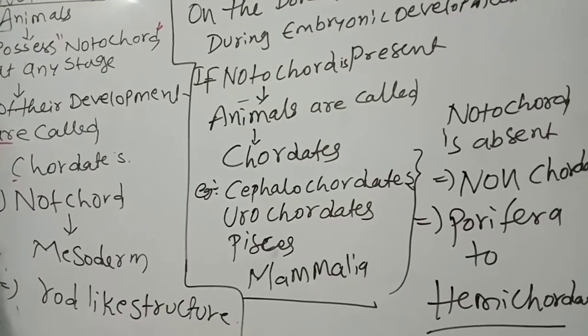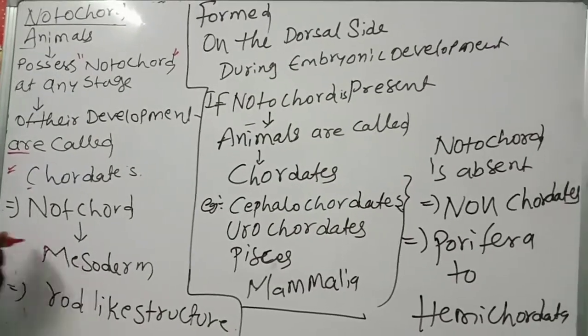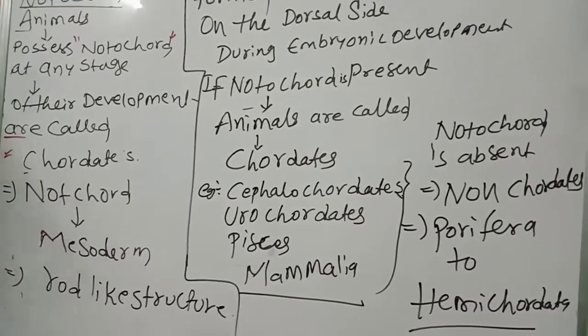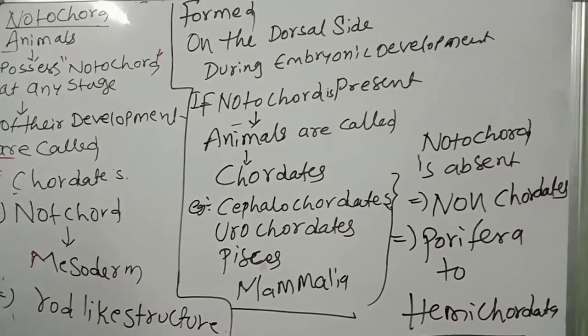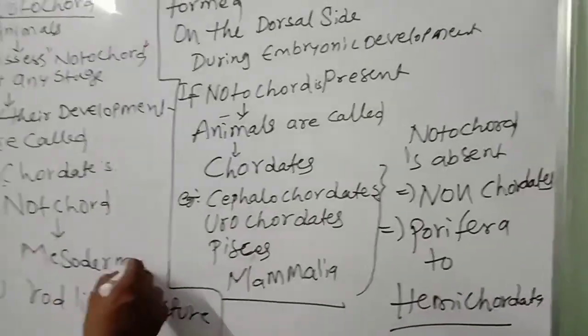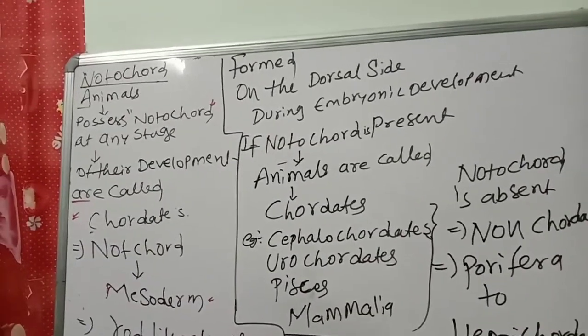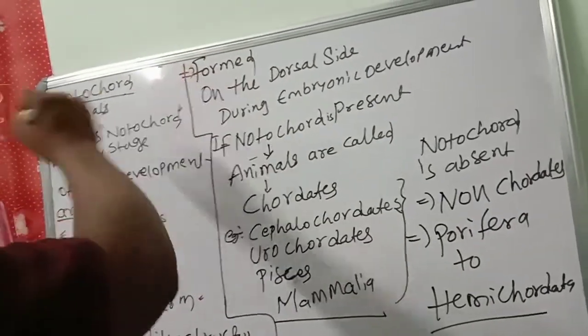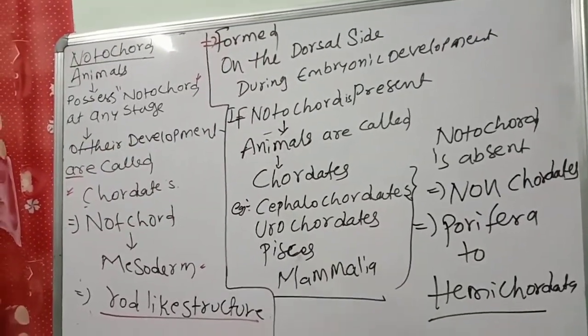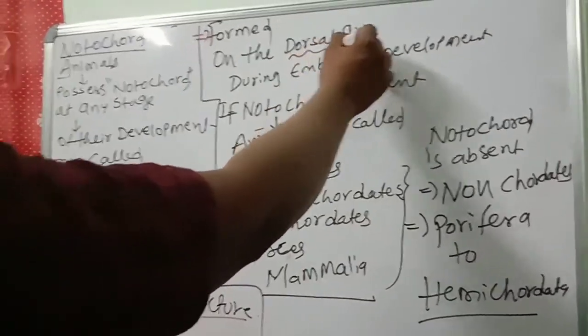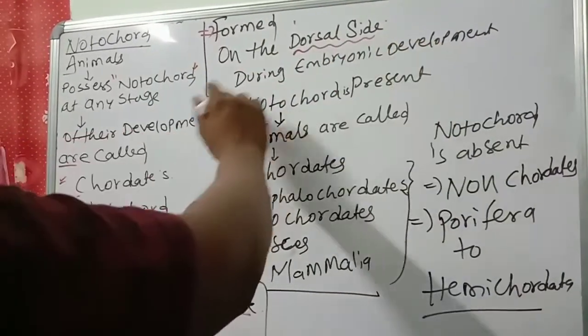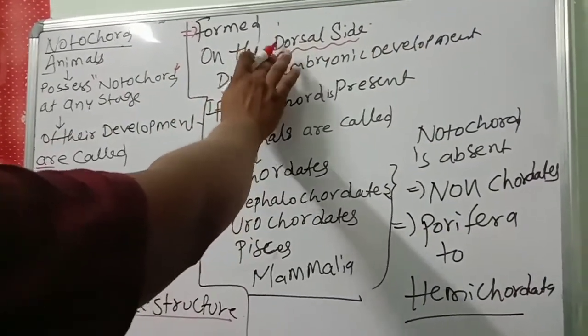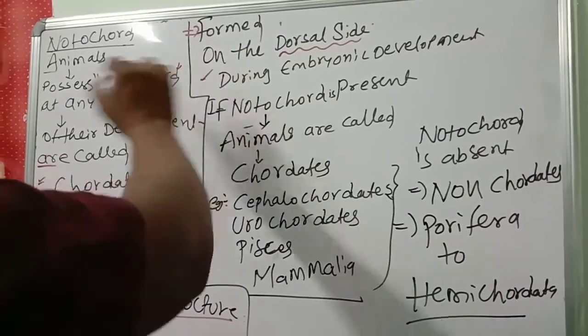Notochord originates from which germ layer? Mesoderm. It is a rod-like structure, formed in the embryonic stage. On which side is the notochord formed? Dorsal side, during embryonic development.